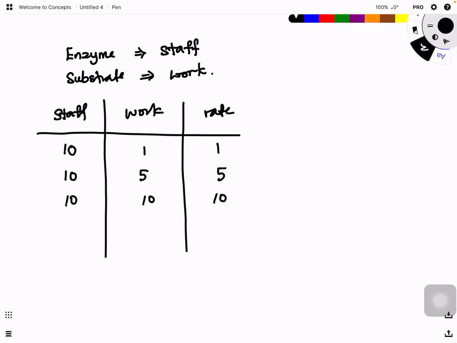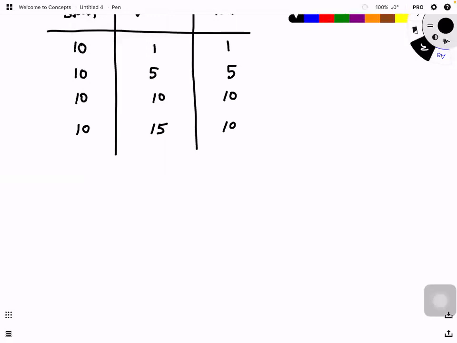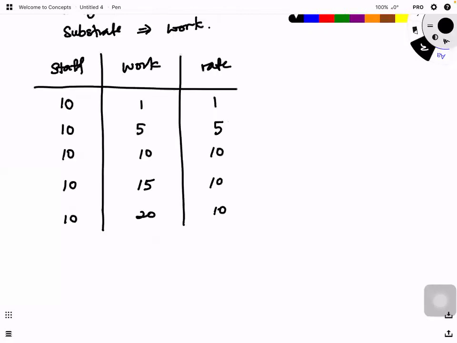But the question here is, if I continue with 10 staff, but I increase the work to 15 works, my staff already work at the maximum rate, 10 of them, this is the number of work I can have, 10. I cannot further increase anymore. Because why? I don't have sufficient manpower. So if I increase to 20, no choice, the rate still equals 10.